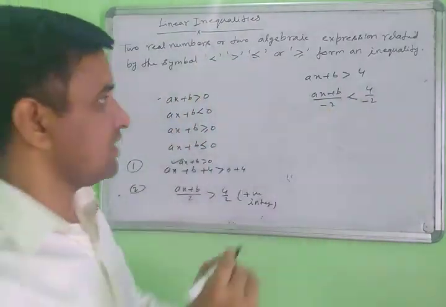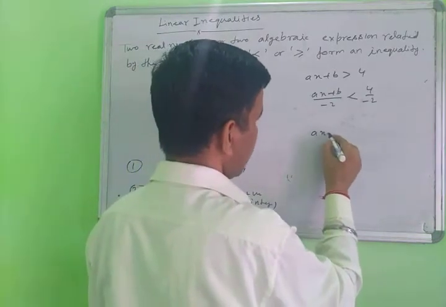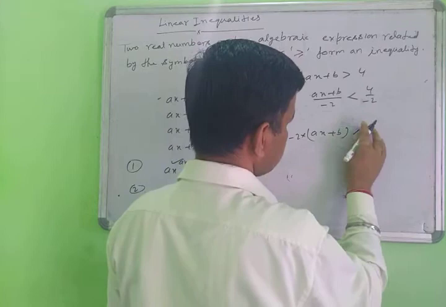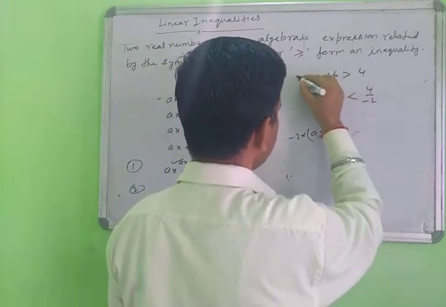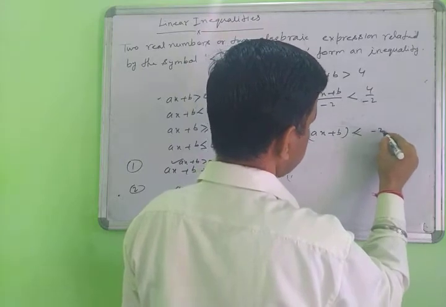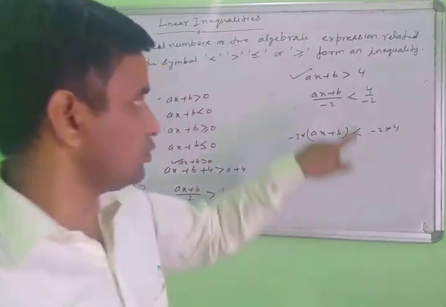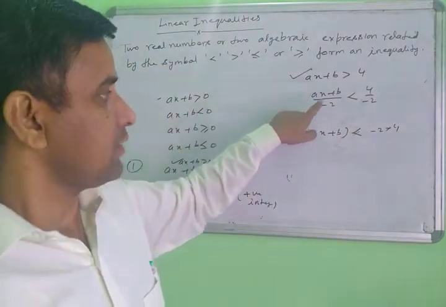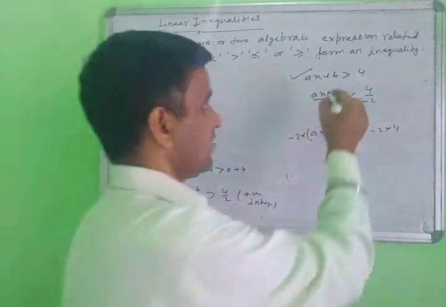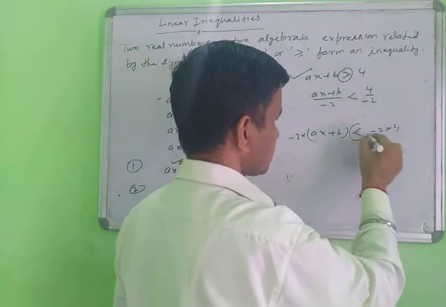Suppose you multiply ax plus b by minus 2, and 4 by minus 2 as well. When you multiply both sides by minus 2, the sign will be reversed.